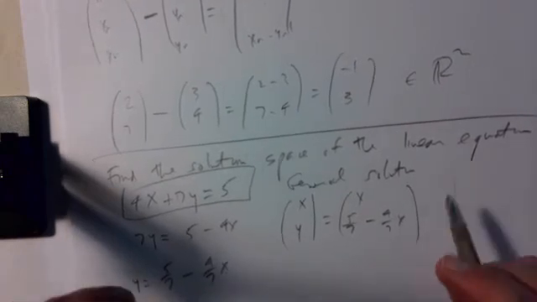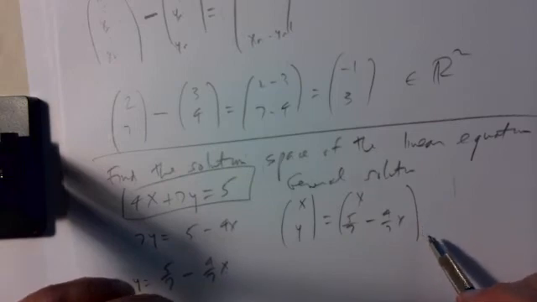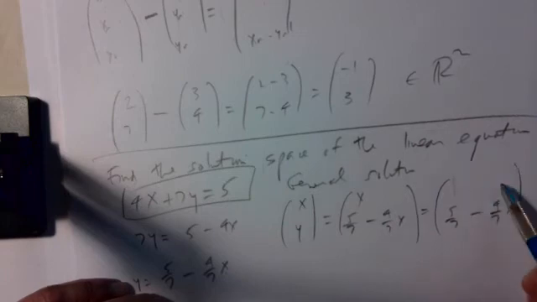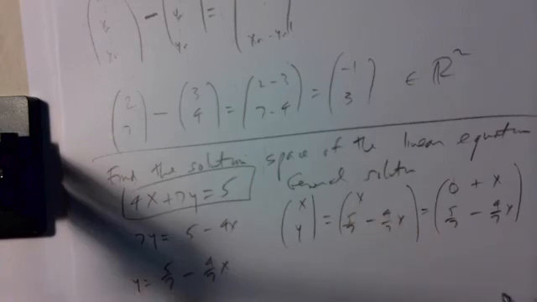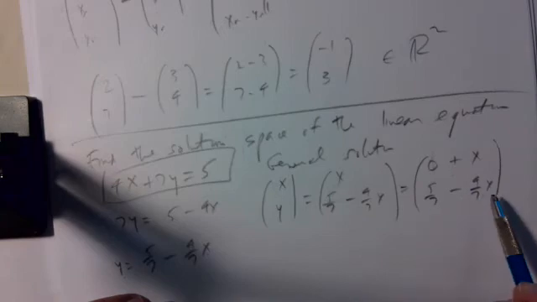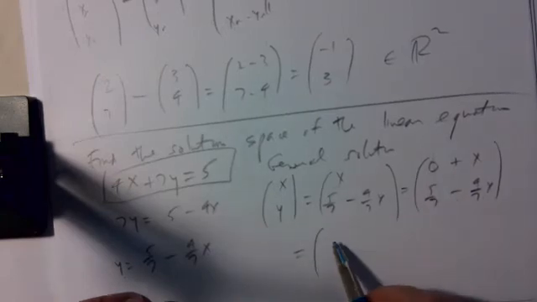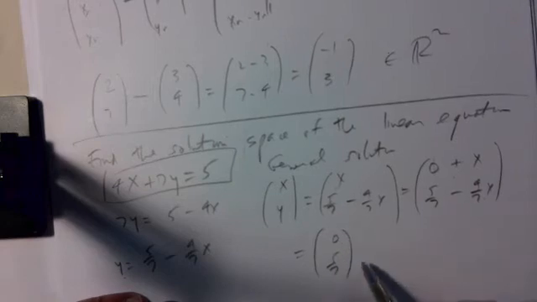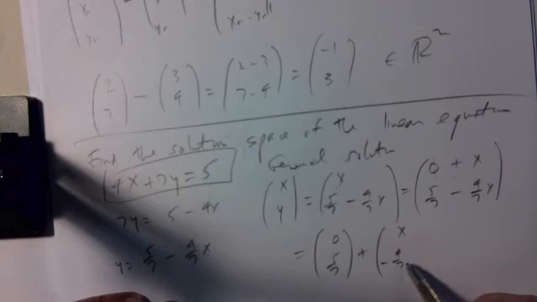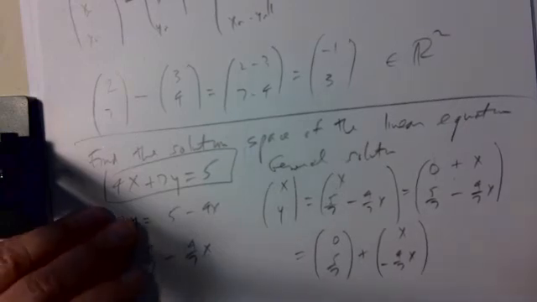I'd like to simplify that a little bit. Let me do it like this. Here I have 5/7 minus 4/7 x. Let me write this as 0 plus x, because 0 plus x is the same as x. And if I do it like this, I can write this as two vectors: the vector 0, 5/7 plus the vector x, minus 4 over 7 x.